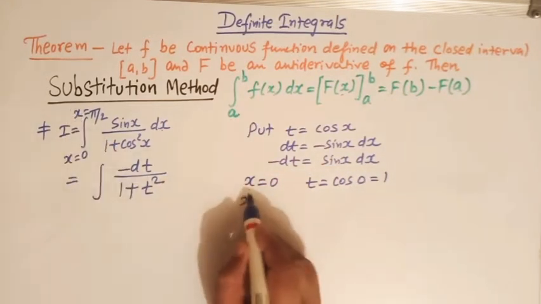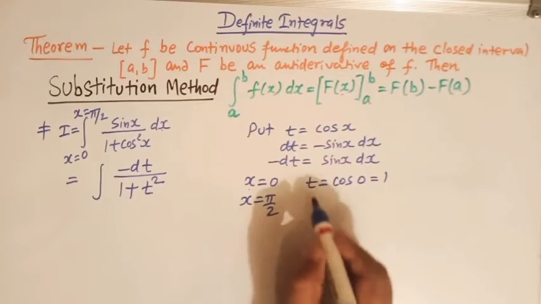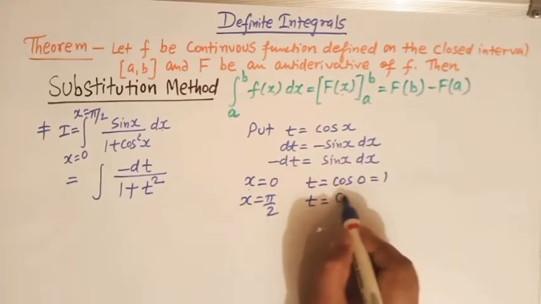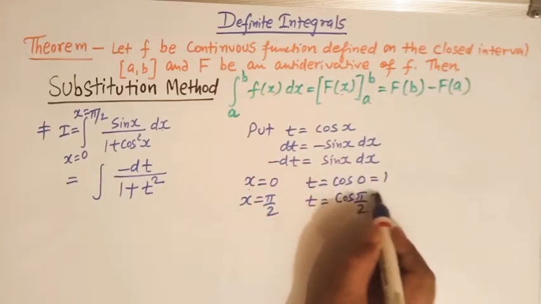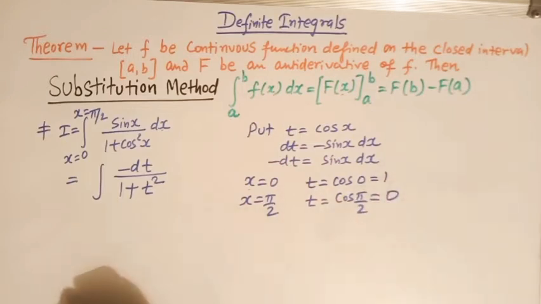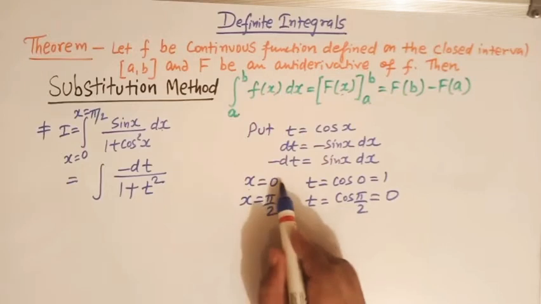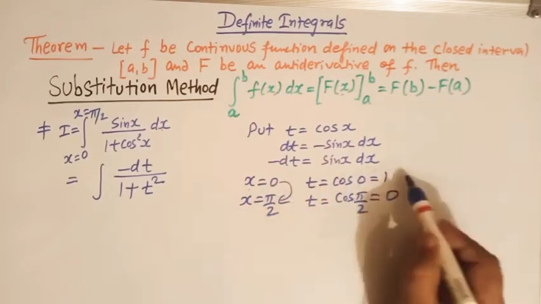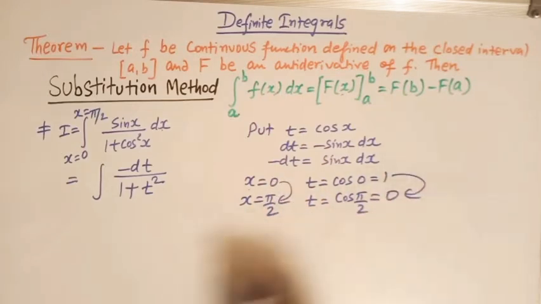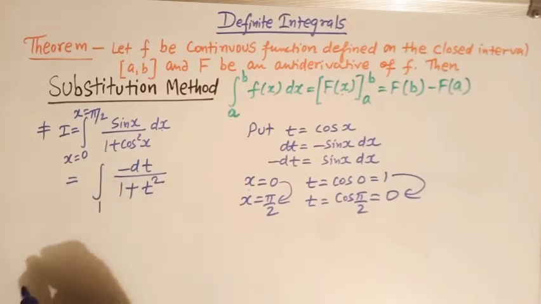And when x is equal to pi by 2, t is equal to cos of pi by 2, that is equal to 0. So the limits are now changed from 0 to pi by 2 to 1 to 0. Here we'll write 1, and here we'll write 0.